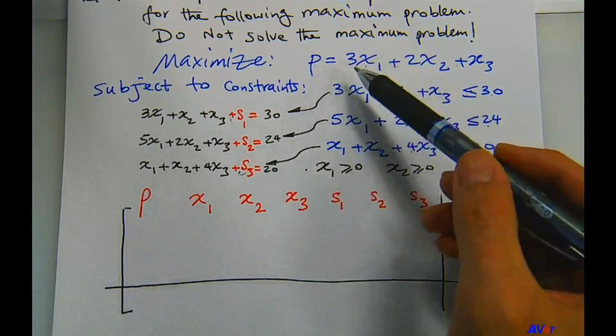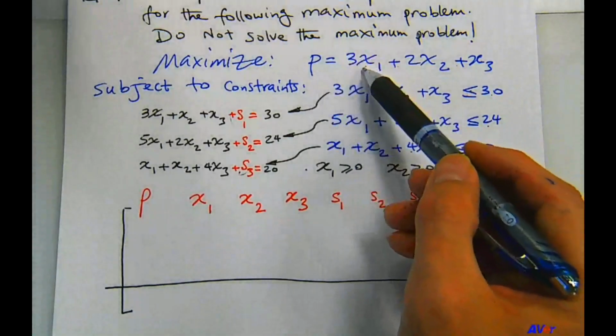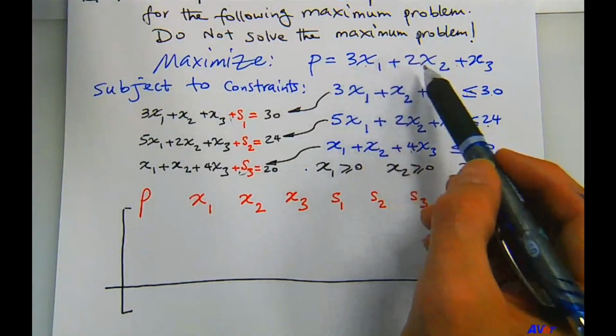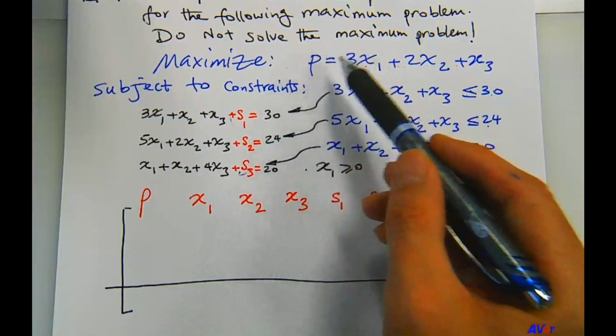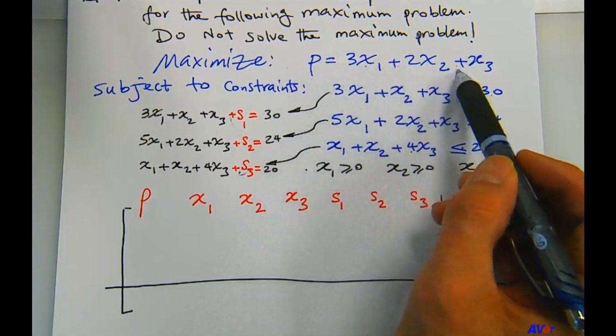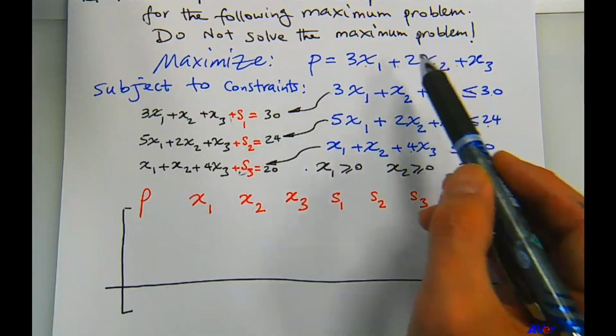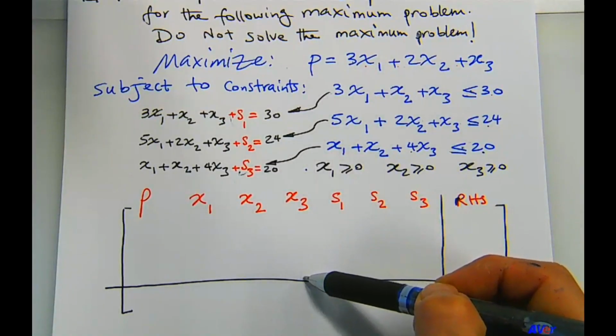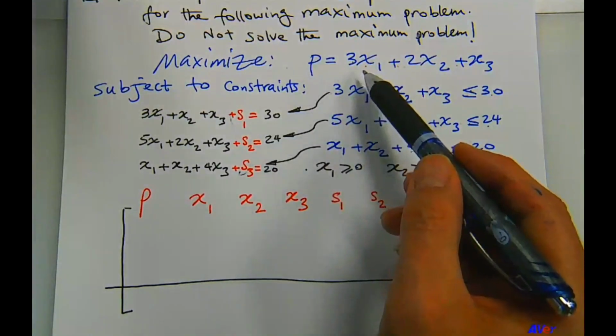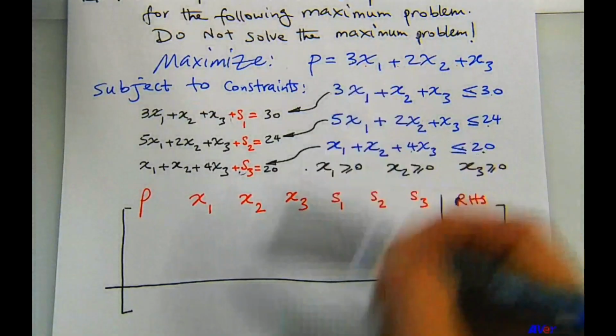But for the maximum problem, remember from the descriptions, we need to move all these terms to the left and set this original objective function equal to 0. It's not these coefficients that we should enter into the simplex tableau. It's the rearranged coefficients that we need to import.